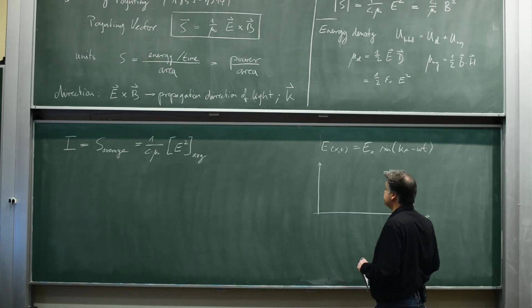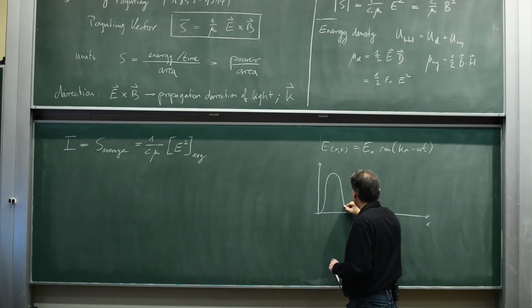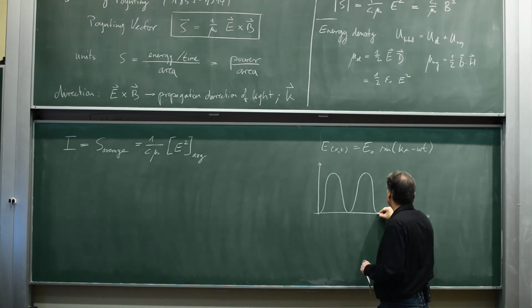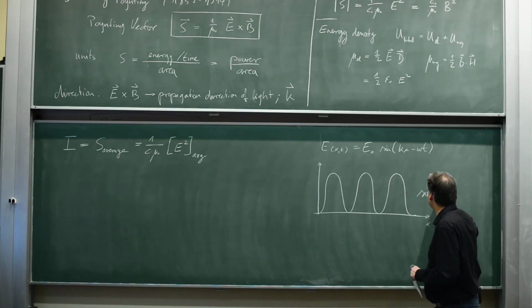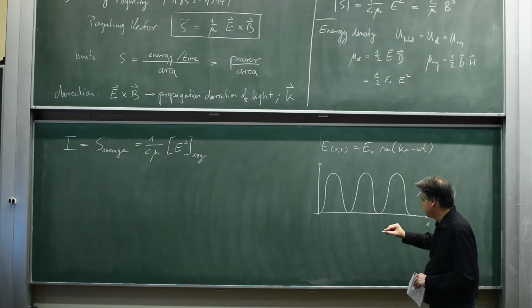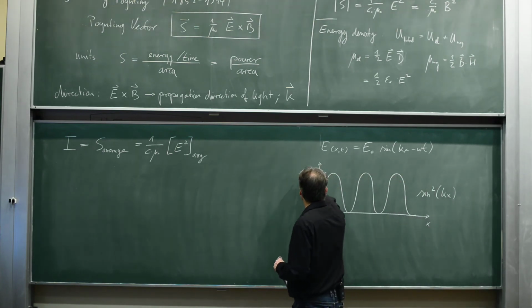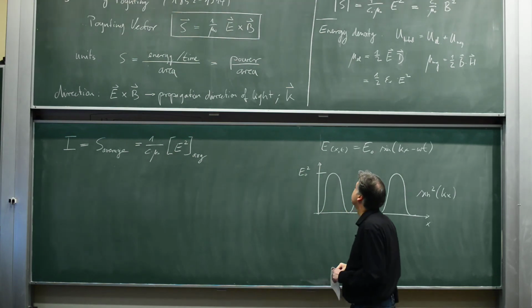Here in space, and sine squared actually looks like the following. This is sine squared of kx. And here is our E naught squared.